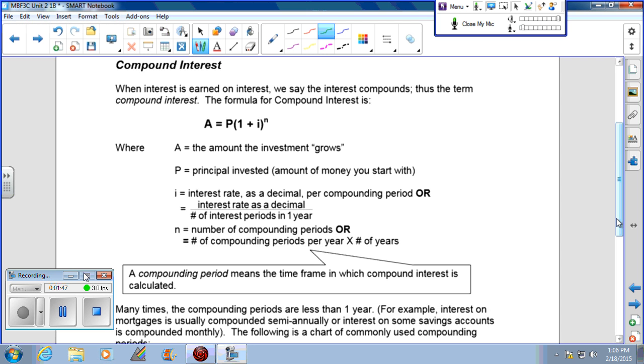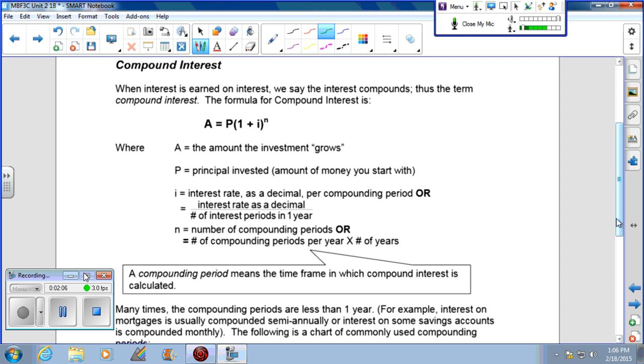Now, the term compounding means that we calculate the interest, and then that interest is added to the principal, and then it's used for the next period, which is called a compounding period. So that's really the way compound interest works.